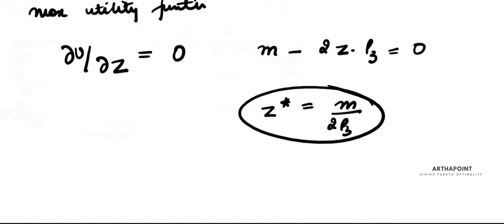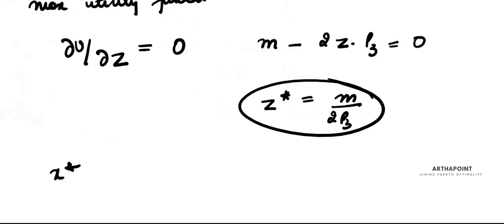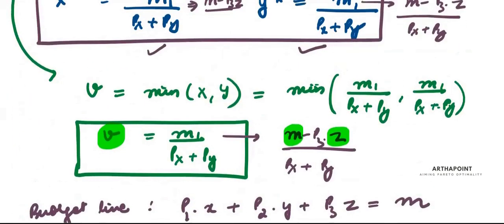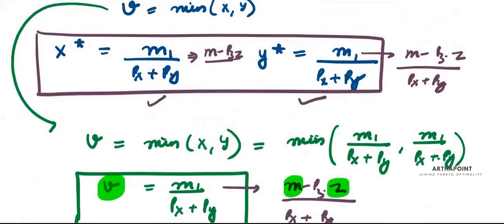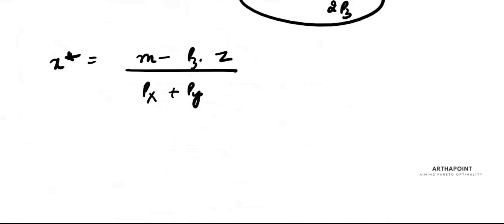You've got your Z star. What was X star? X star was this. M minus P3Z upon Px plus Py. So X star will be M minus P3 into Z upon Px plus Py.